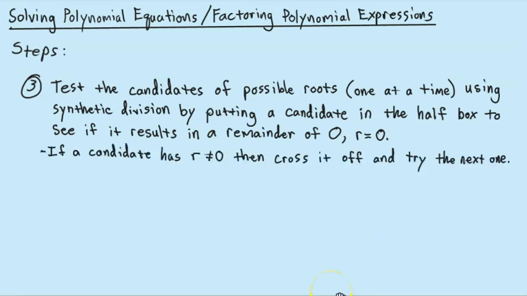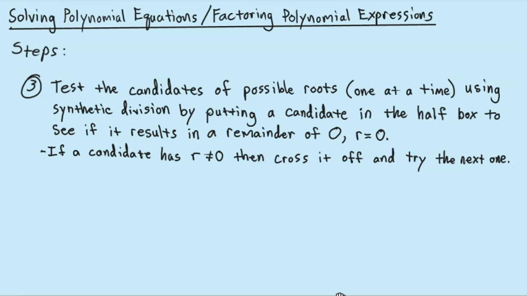Now there are 2 possibilities for each one. Either the remainder will be equal to 0 or the remainder will not be equal to 0. So if a candidate has a remainder that is not equal to 0, then it's not a factor. It's not a solution. Then you're just going to cross that candidate off the list and move on and try the next one.